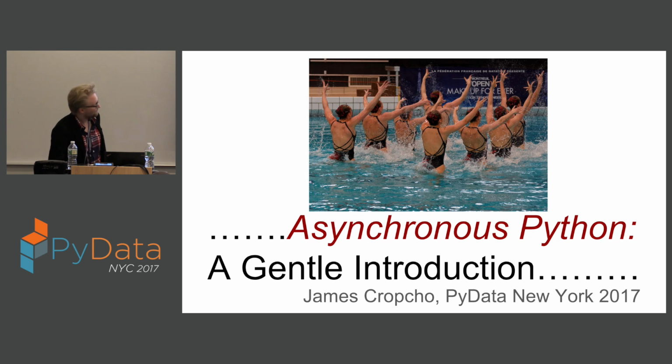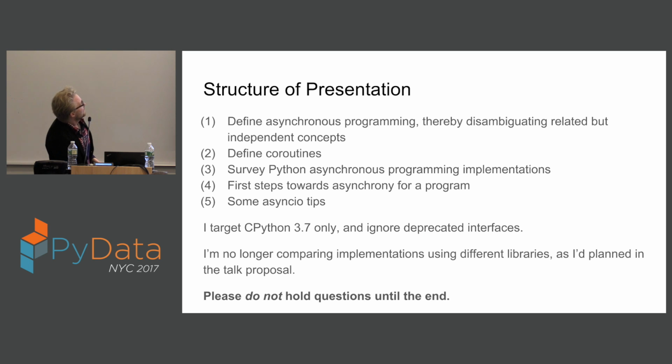It's a starting point. So here I'm going to define it and disambiguate related but independent concepts. Then talk about coroutines. I'm just picking a small number of very important topics.